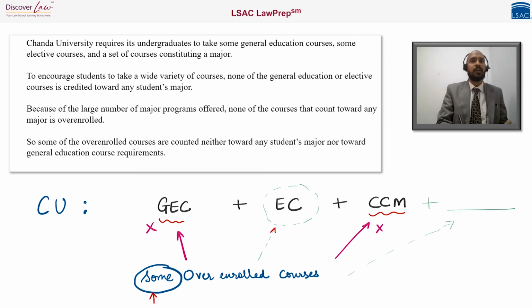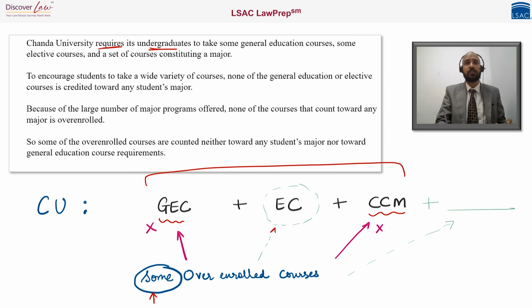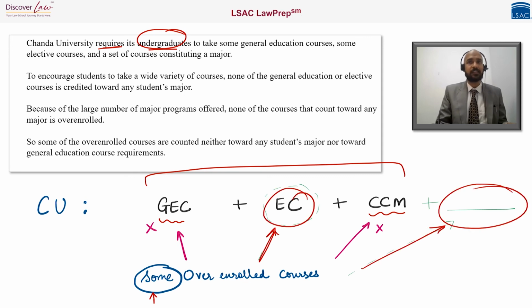You see, there are some courses that are required to be taken by undergraduates, these three. Apart from that, there could be some other course for the students who are not undergraduates. There could be some courses that are not required, so you might have some other courses. So what I'm trying to say here is that it says that there are some over-enrolled courses that are counted neither towards these nor these. Okay, which means it has to be either for the elective course or for some other course.